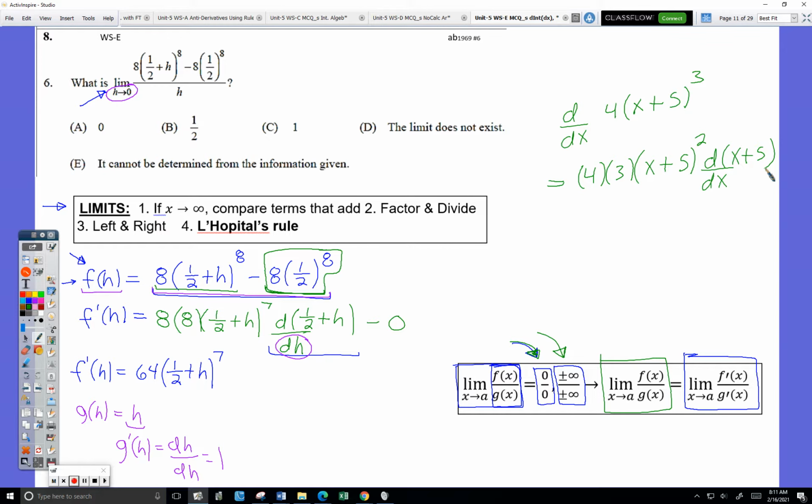Okay, so now what happens is you create a brand new limit problem. You say, I'm trying to find the limit as h approaches 0 of my f prime divided by my g prime. Oh, these are h, sorry. Here's my f prime.